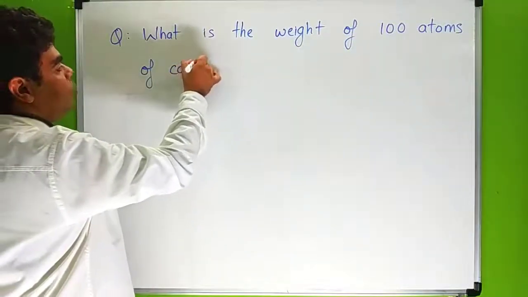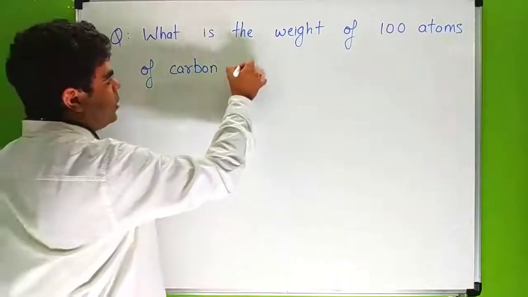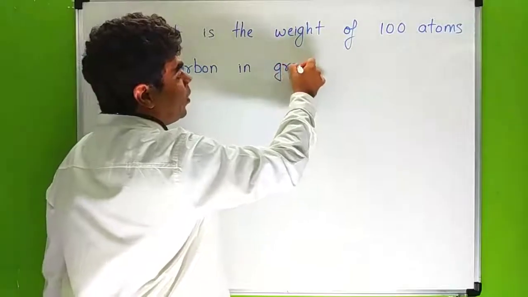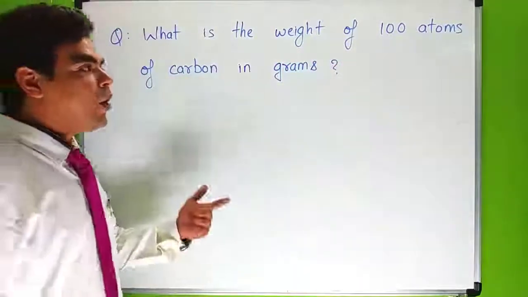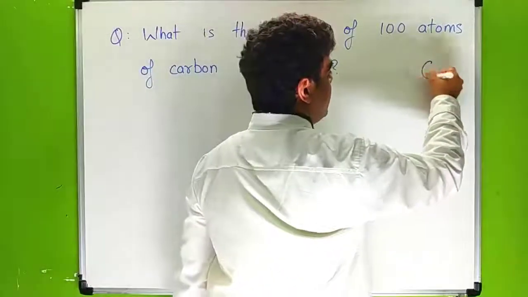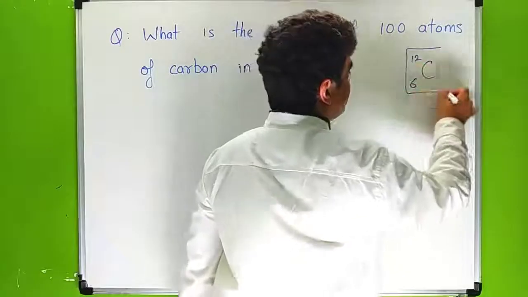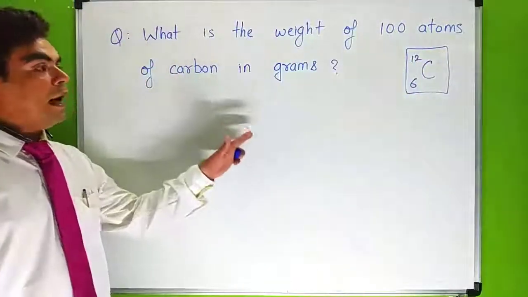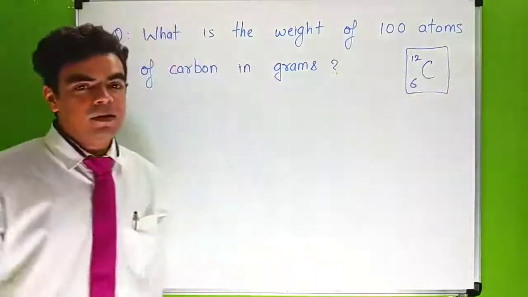Now in order to solve this question, you should have some knowledge, and the knowledge is you should be knowing the atomic weight of carbon. And if you look at the periodic table, you will see the symbol of carbon. You can find the atomic weight written above the symbol, and that is 12. So attempt this question looking at this symbol.